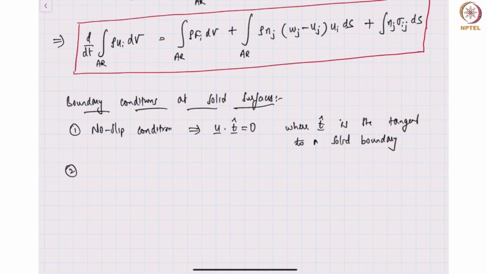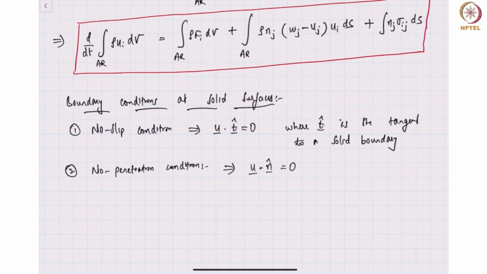And you could also have a no penetration condition. This would not be true for many flows over porous media, where you could actually have a flow through the boundary. But if you have a no penetration condition, then the normal component of the velocity at the boundary would be 0.